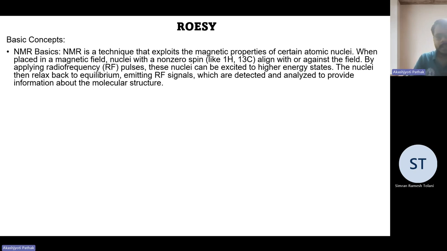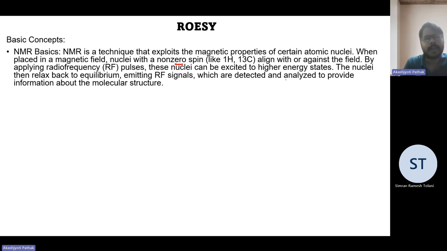If we start from the very basics, then NMR, as you all know, is a technique that exploits the magnetic properties of certain atomic nuclei. When it is placed in a magnetic field, nuclei with a non-zero spin, like for example a proton or carbon, align with or against the field. By applying radio frequency pulses, these nuclei can be excited to higher energy states.